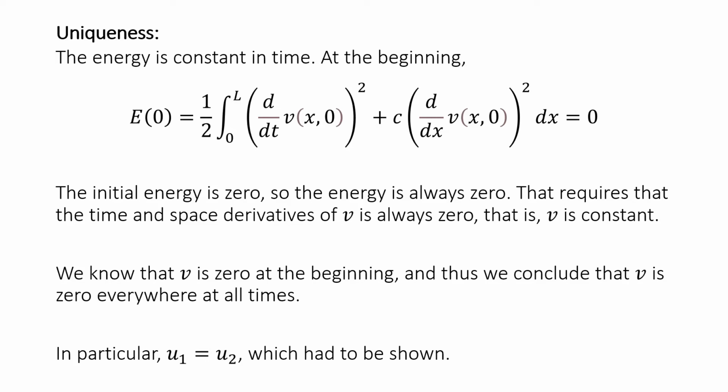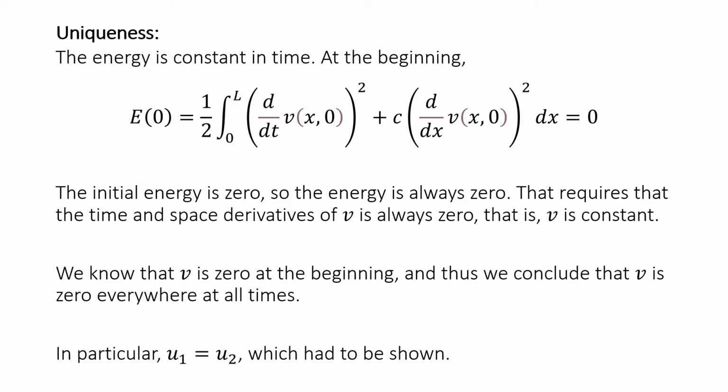But on the one hand, we know from the initial data that the time derivative at t equals 0 vanishes, and since the initial data were assumed to be constant, we also know that the x derivative at t equals 0 just vanishes. So in particular, the energy at t equals 0 just vanishes as well. The initial energy is 0, so the energy is always 0 for all times.